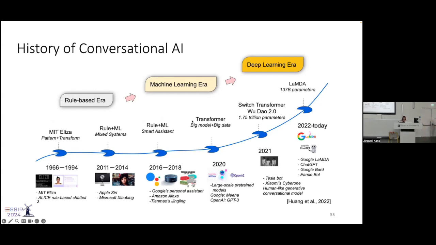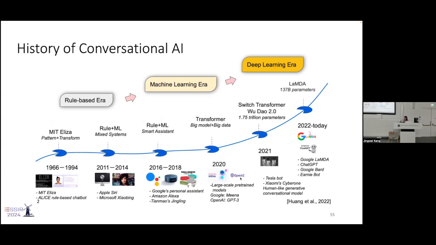After that, it moved on to the machine learning era, where some machine learning techniques had been released. Here we used rules together with machine learning techniques to perform the search. That includes products like Amazon Alexa and other products we may have used a few years ago.